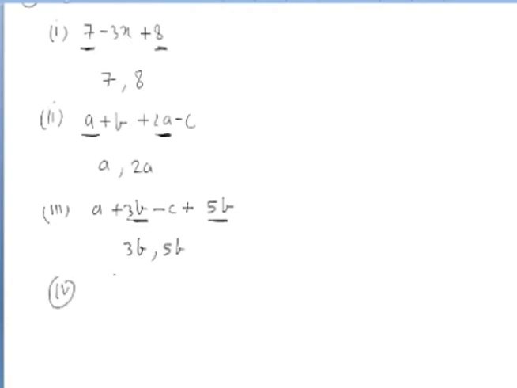Question number 4th, 2xy minus 5xz plus 4yz minus yz. Okay, so just see the variables: here xy and here xz. So both are different. But here yz and here yz, and the degrees are also the same: the degree of y is 1 in both, the degree of z is 1 in both. So like terms are 4yz and minus yz. Okay, we'll also take this sign.